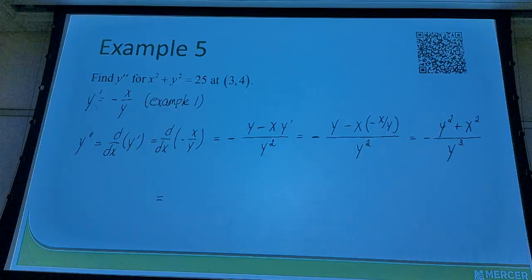Oh, you put 25 on the top? Isn't x squared plus y squared 25? That's what we simplified. Y is 4. Goes back, okay.